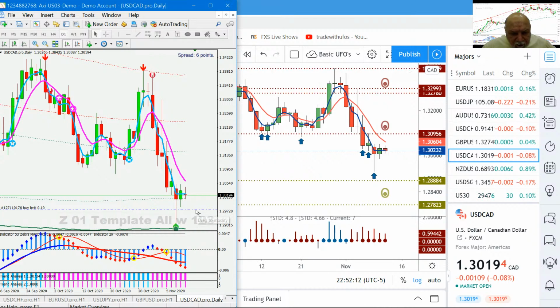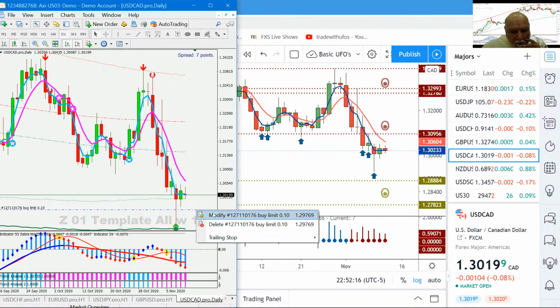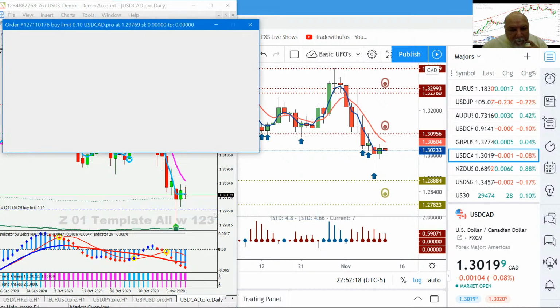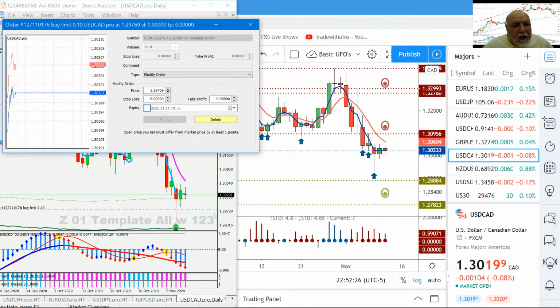All right, so I have to move this, modify. See, there's plenty of time because it's a daily chart. Those things aren't going to happen very quickly. Let's get the modify, and I want to place that at 1.28.